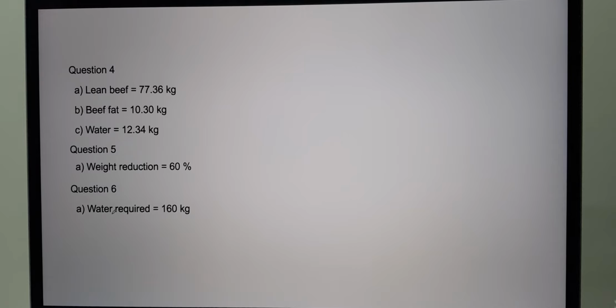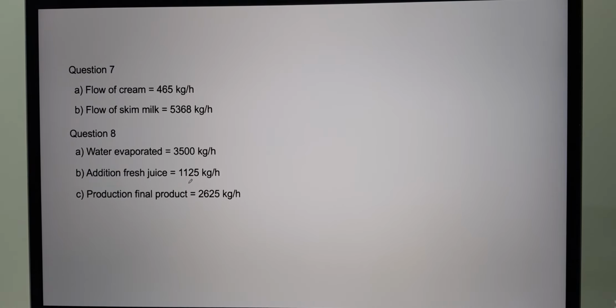Then question number 4: lean beef is 77.36 kilograms, beef fat is 10.3 kilograms, sea water is 12.34 kilograms. Question number 5, weight reduction is 60%, and question number 6, water required is 160 kilograms.